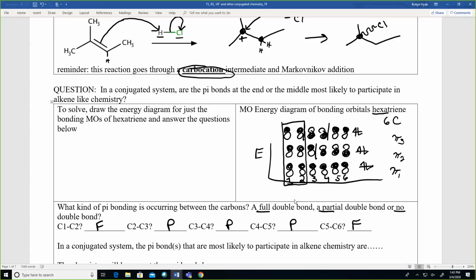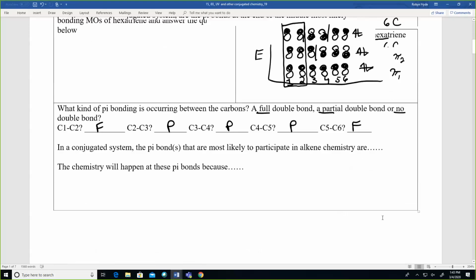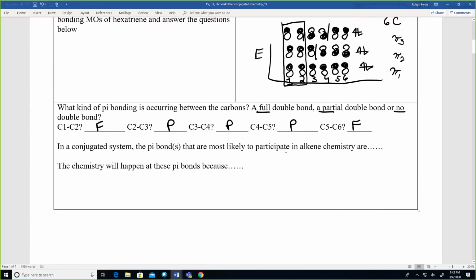So let's go ahead and draw what chemistry would look like. So in conjugated systems, the most likely to participate in alkene chemistry are the end carbons. The chemistry will happen at these pi bonds because they are full pi bonds, more nucleophilic than the partial pi bonds throughout the center, or something like that, is how I explain it.